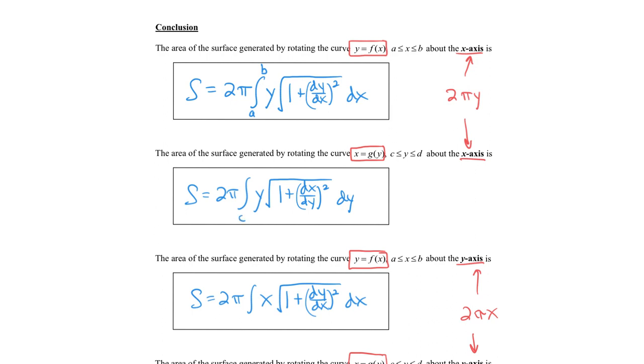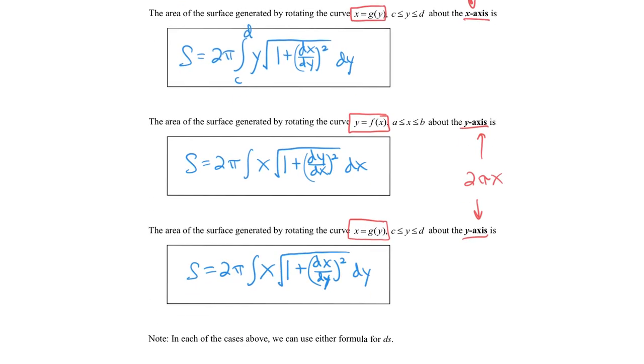So of course this would be c and d. And then we go back and we've got x again between a and b. So we need these limits of integration on here. I can't believe I forgot these, but I am getting old. Then over here, y varies between c and d. Okay, all right, now everything is good.